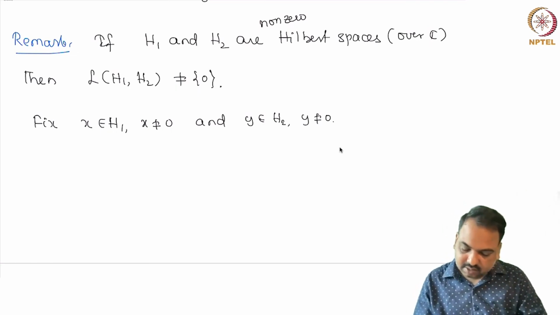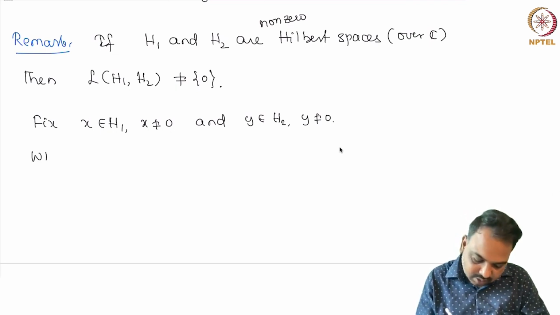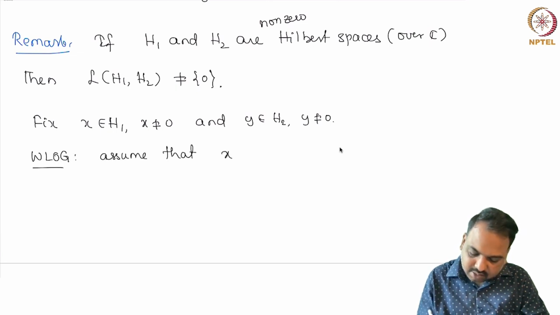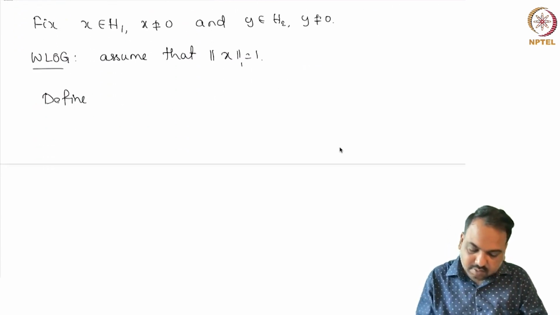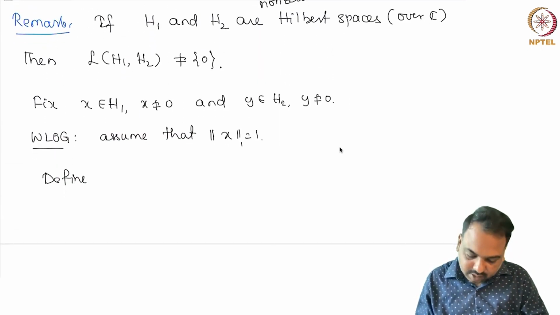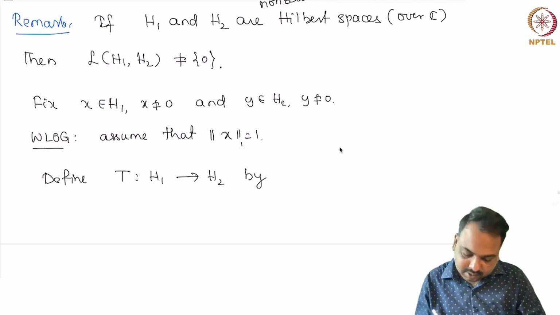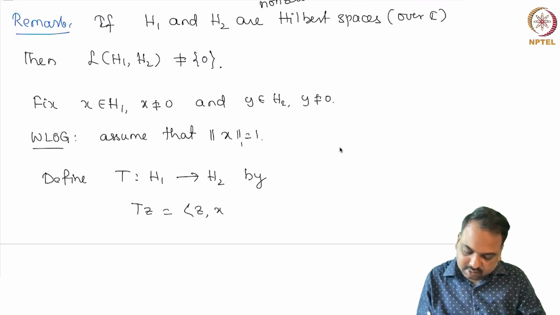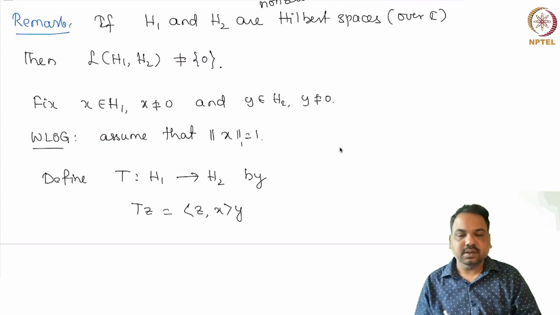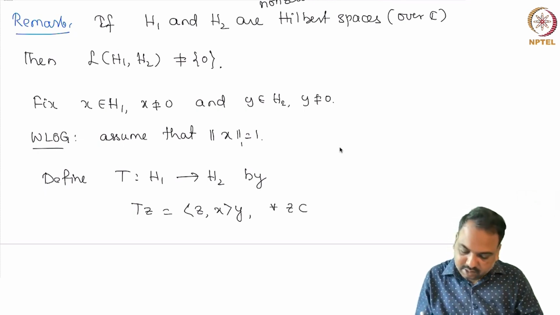Without loss of generality, we can assume that norm x is 1 in the Hilbert space H1. Now define T from H1 into H2 by T(z) equals the inner product of z with x, multiplied by y, for every z in H1.